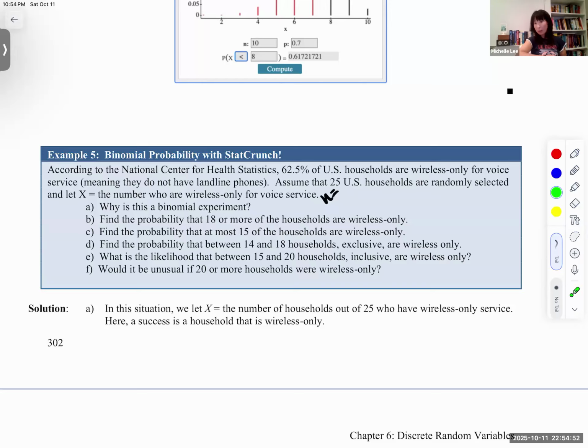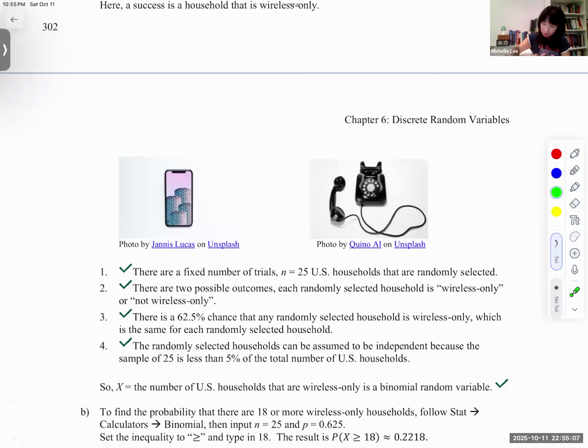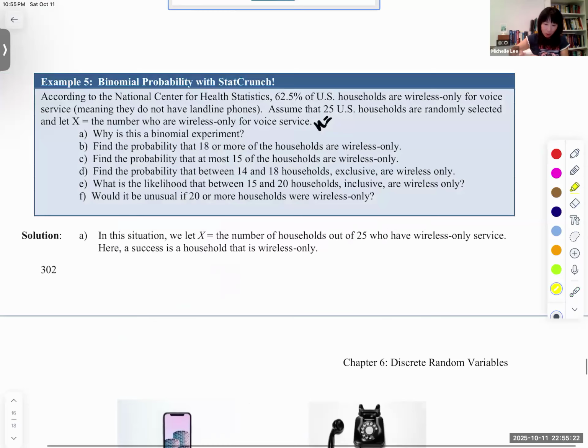So we said independent. Make sense? So one outcome from a sample size of 25, it's impossible to make a difference, right? Clear? So from now on, the sample of 25 is less than 5% of the total US households. Okay, let's take a look at the question.